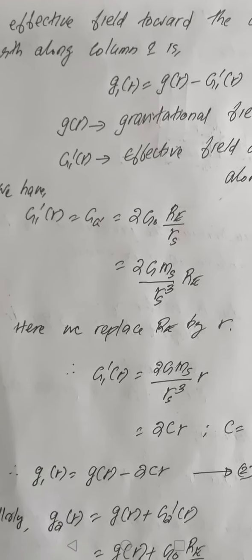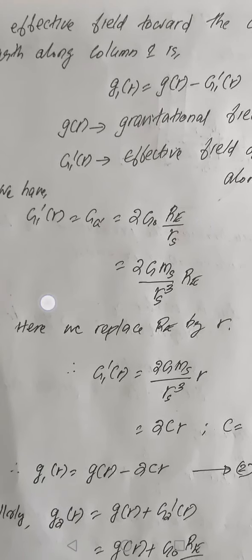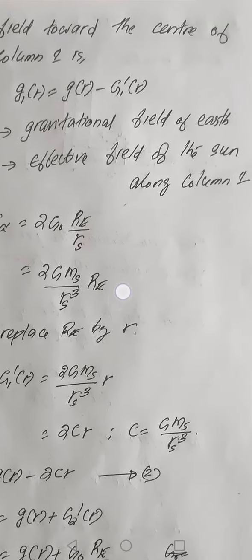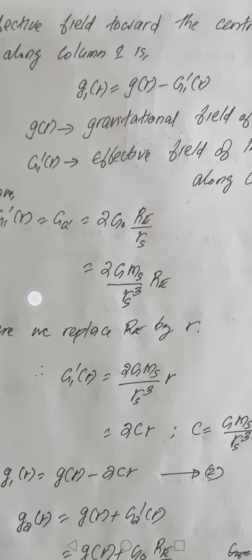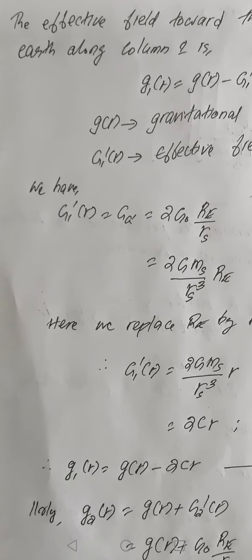So ga prime is 2 g0 re by rs. That is equal to, g0 is G Ms by rs cube times rs. So it will be 2 into G Ms by rs cube into re.